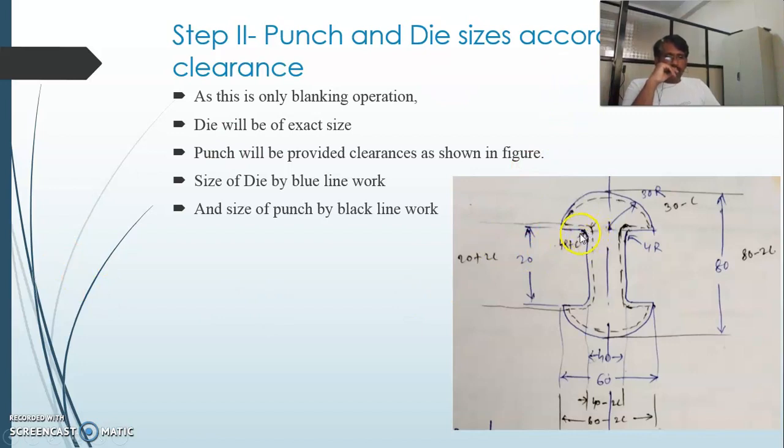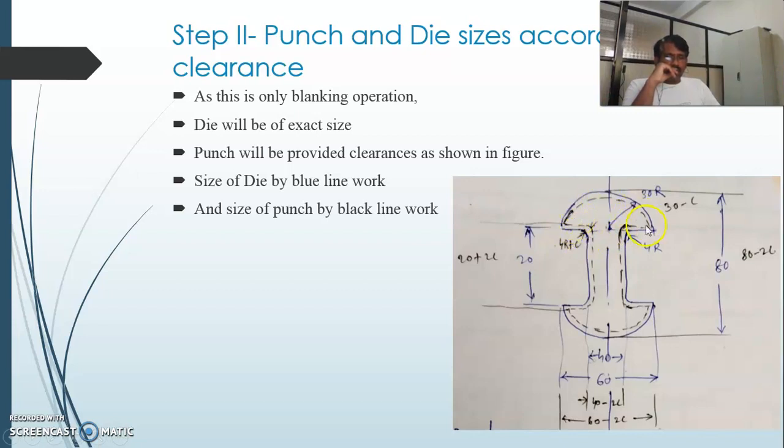So here we can say the 4R is the radius which has been provided to this quarter circle for the die. So if we add the clearance, okay, it becomes now 4R plus C for the punch. So 4R plus C for the punch this side only, okay. So both the sides we can have the 4R plus C for the chamfering or the quarter circle operation.